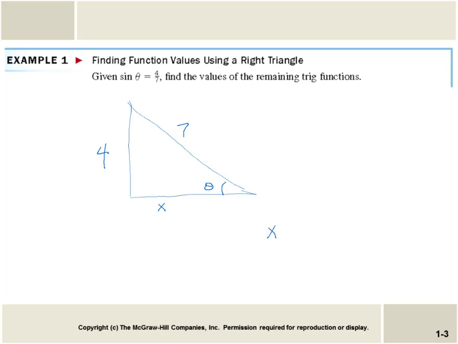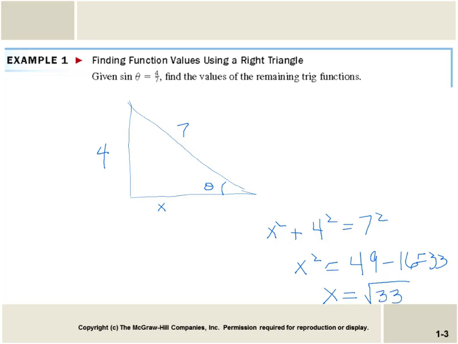So I have x squared plus 4 squared is equal to 7 squared. Or I have x squared is equal to 49 minus 16, which is equal to 33. So x is equal to the square root of 33, right?